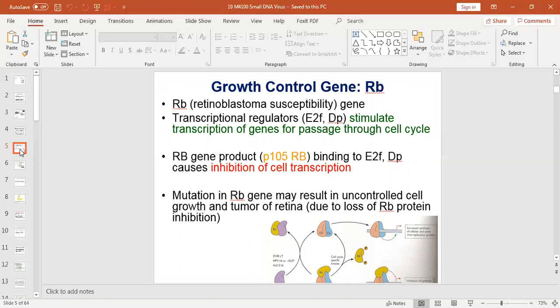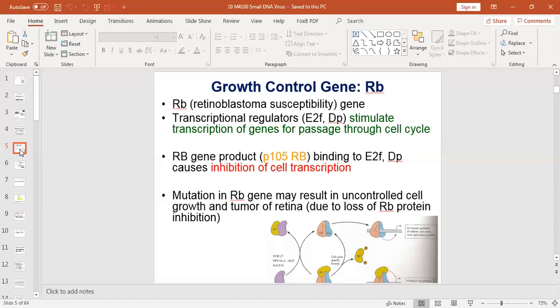Inside the cells we have some proteins that regulate transcription, meaning that these proteins, E2F and DP, stimulate the transcription of those genes, including cyclins and cyclin-dependent kinases, that are required for passage through various stages of the cell cycle.